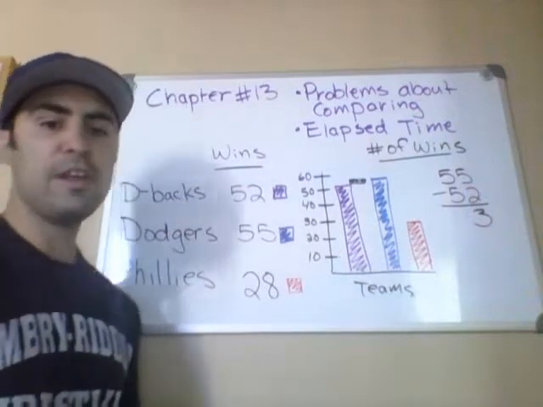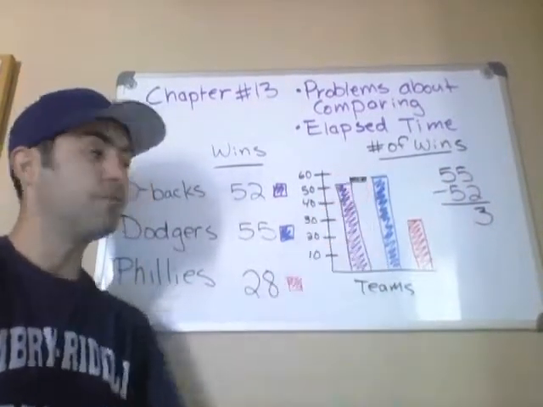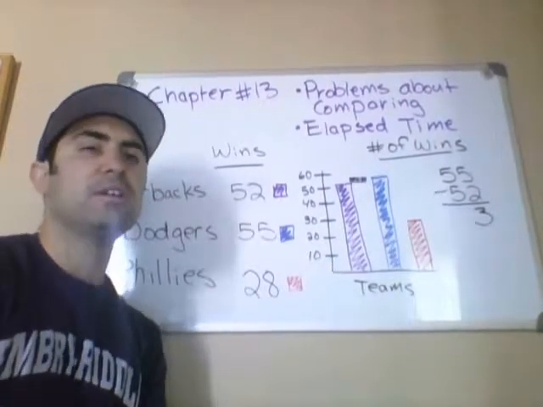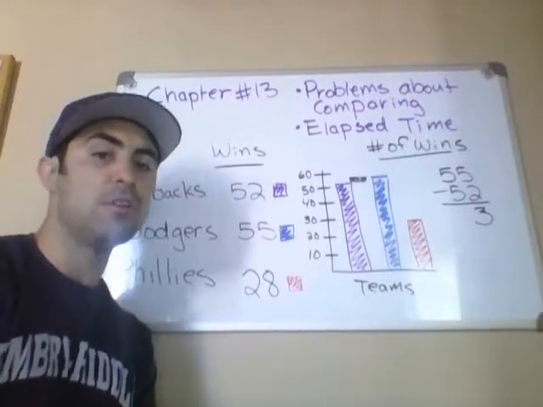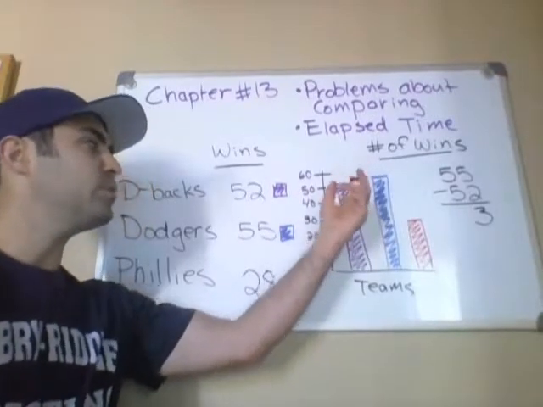Okay? So there are 3 games difference in the number of wins between the Dodgers and the Diamondbacks. So hopefully the Diamondbacks, by the end of the season, close that gap. Right now, the difference between them is 3.